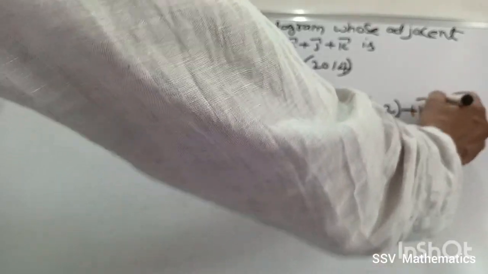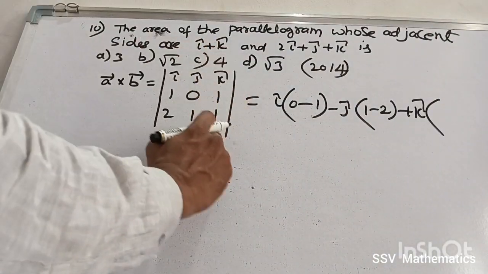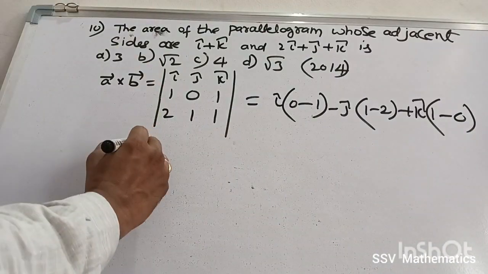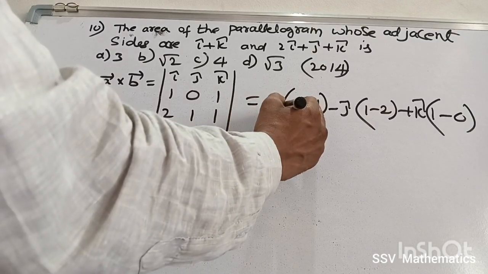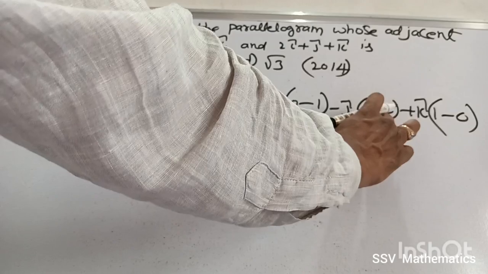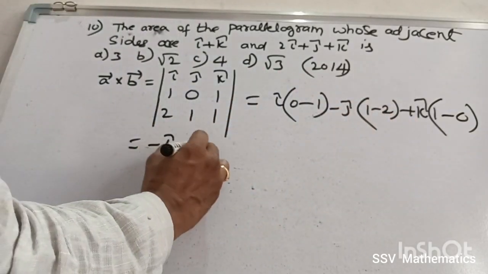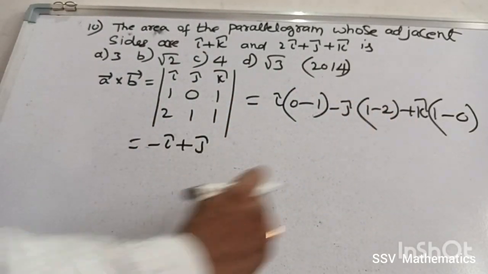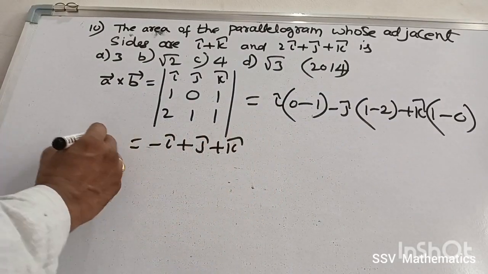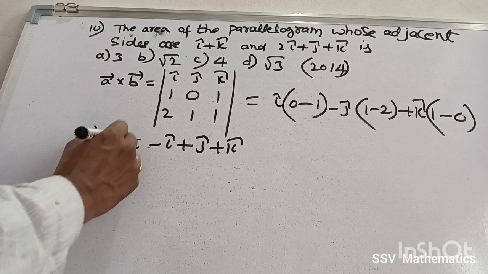Plus k into, delete this row, this column, 1 into 1 minus 2 into 0, 1 minus 0. Equal to 0 minus 1 into i, minus i. This is minus 1 into minus j, minus into minus plus j. This is 1 into plus k, plus k. So this is A cross B.